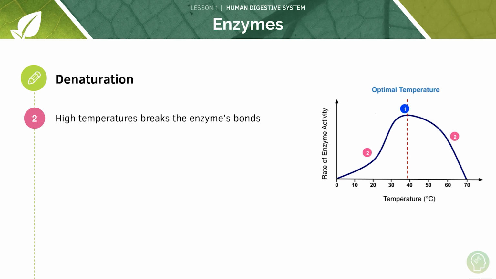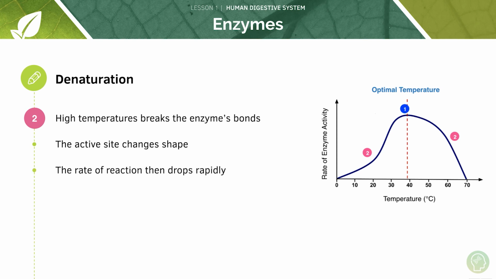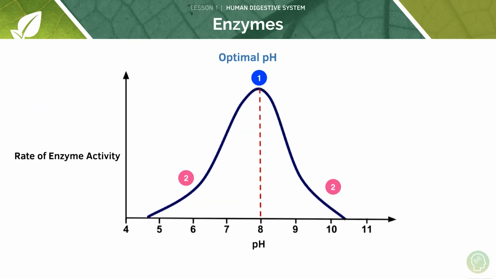But then eventually, as the temperature surpasses around 37 degrees, we're going to start to break our enzymes' bonds, which changes the shape of the active site. The rate of reaction then drops rapidly, which means that the rate of enzyme activity drops. So very low temperatures or very high temperatures are not ideal for successful reactions.